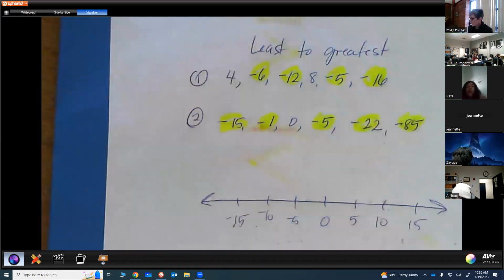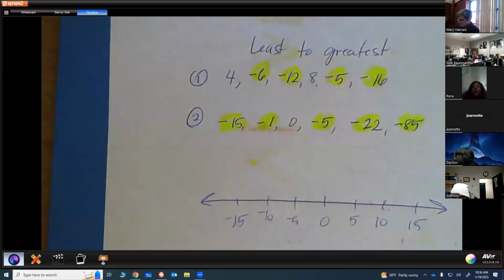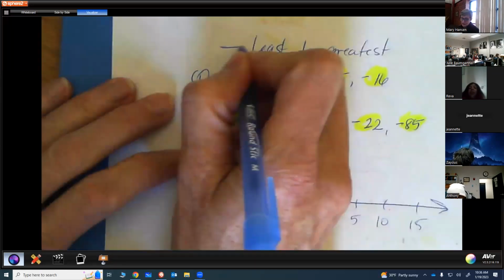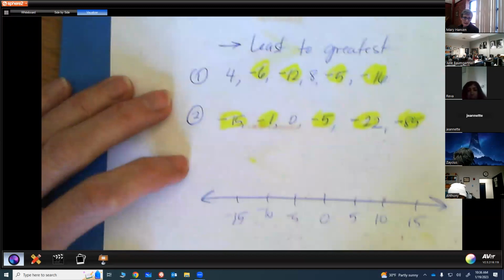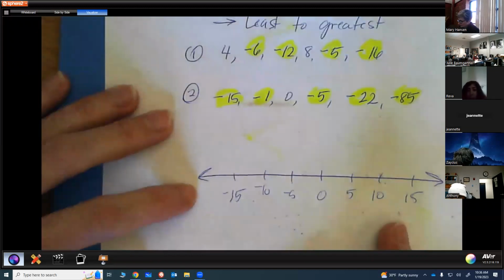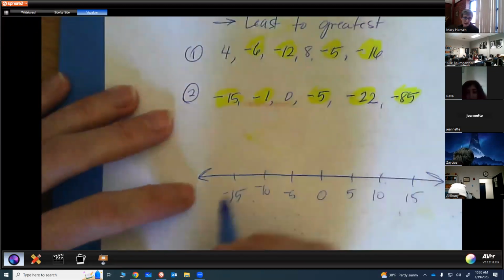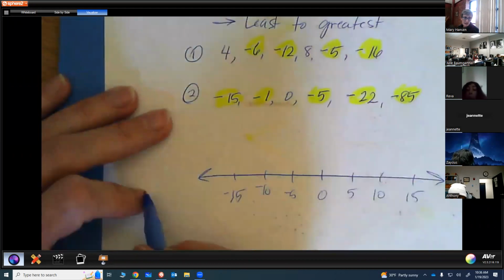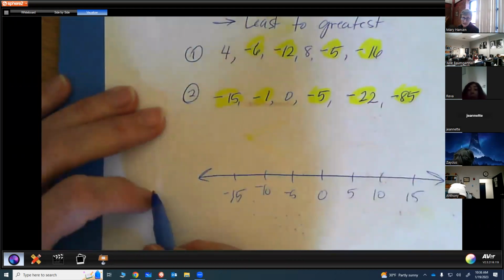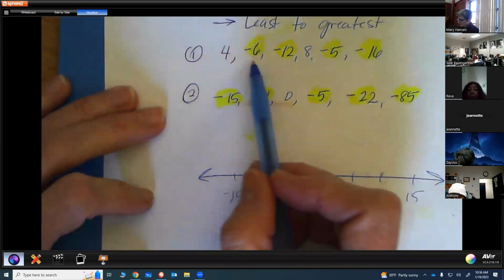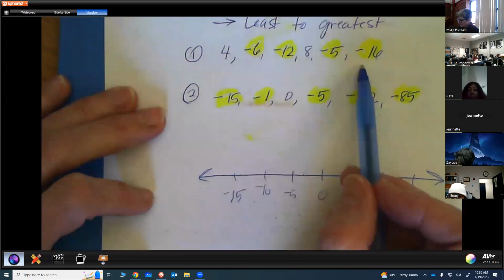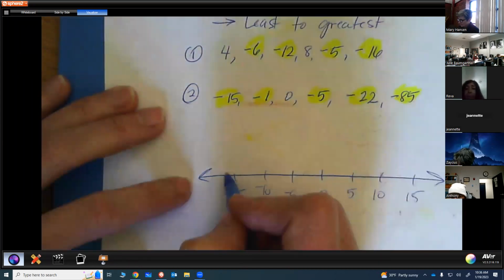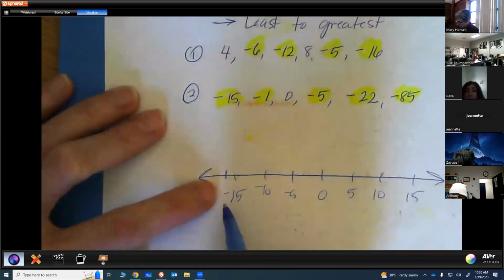And so I've done that for number 1 and number 2. Since I'm going from least to greatest, I jotted a number line down here. So remember, lower numbers are down here to the left. And so anything that's farthest to the left is going to be my smallest. And so as I look at -6, -12, -5, and -16, the number that would be farthest to the left would be the -16.